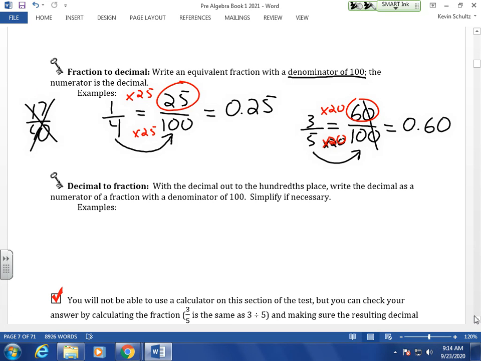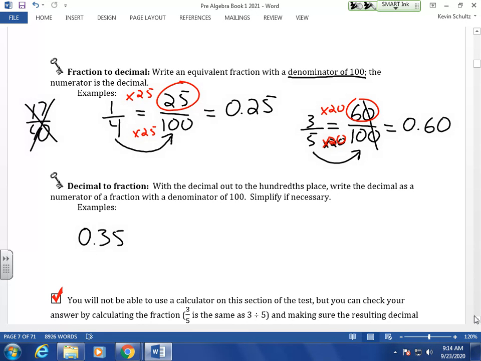Okay? A decimal to a fraction, then, is just kind of the opposite, right? If we've got the decimal 0.35, and I ask you to write that decimal as a fraction, I read that as 0.35, but what's another way to say that decimal using place value?